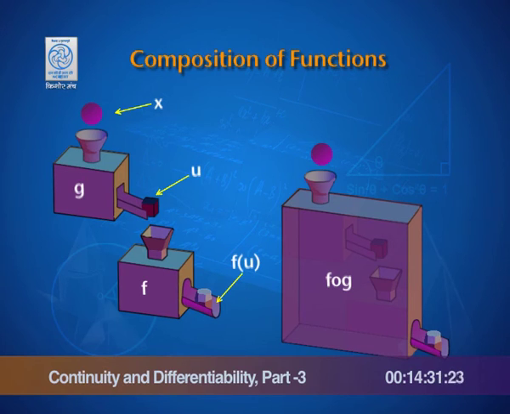Together, as the composition, x is the input and the output is represented as f of g of x. That is exactly what we mean by composition of two functions.